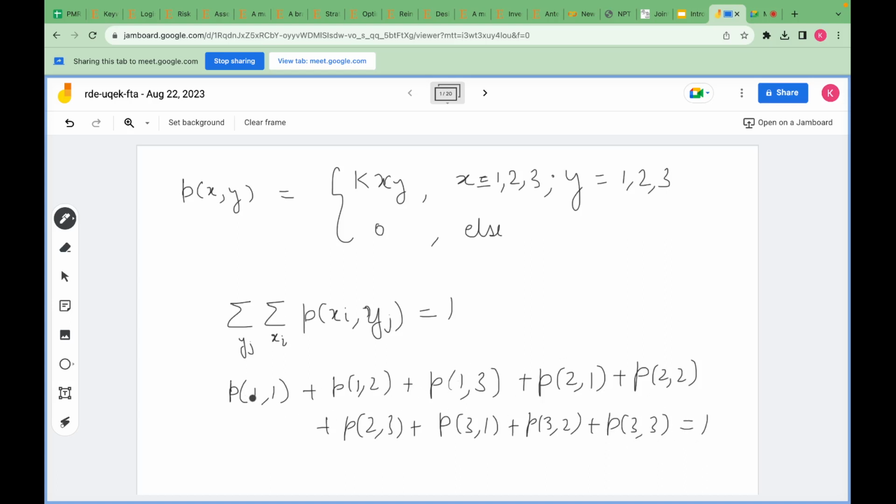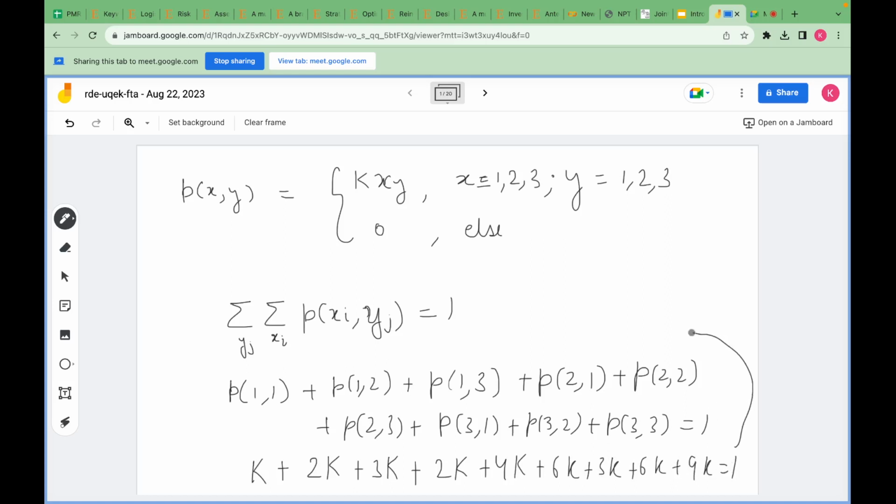Now we just need to put these x and y values in the expression kxy. It will come out as k plus 2k plus 3k, again 2k plus 4k plus 6k, plus 3k plus 6k plus 9k, and this is equal to 1.